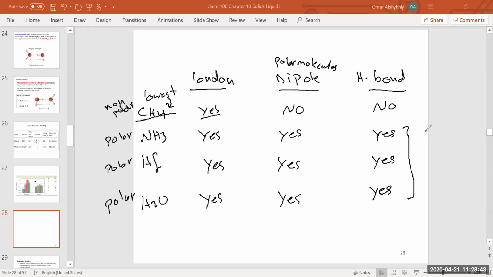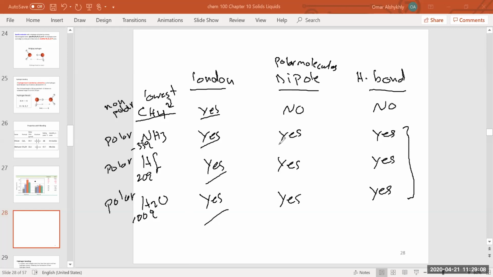They have all three types of forces, but water was 100 Celsius degrees, here approximately 19 point something Celsius degrees, here minus 33 Celsius degrees. So look at the difference between them. Why? Now, that's correct. All of them have London dispersion forces.